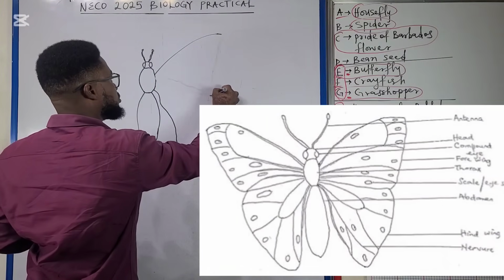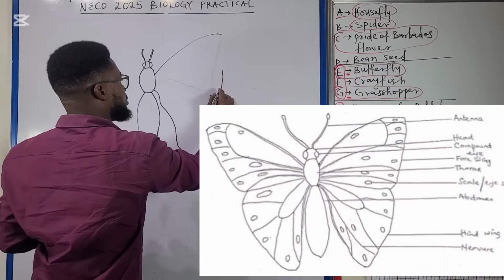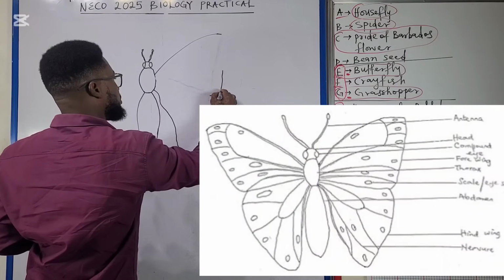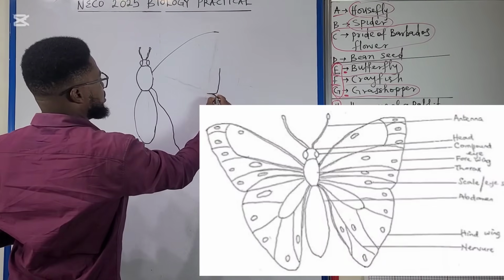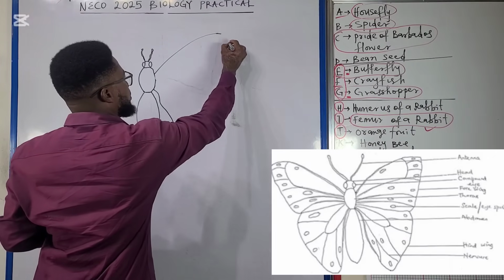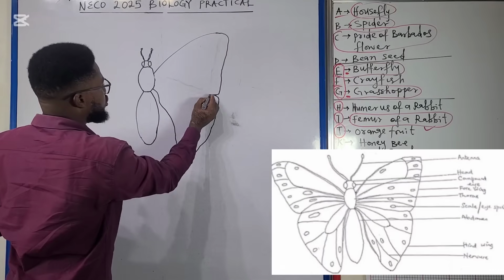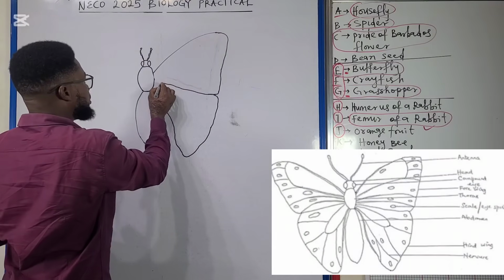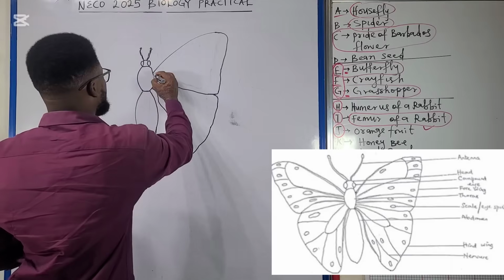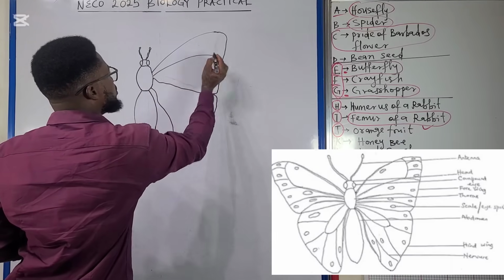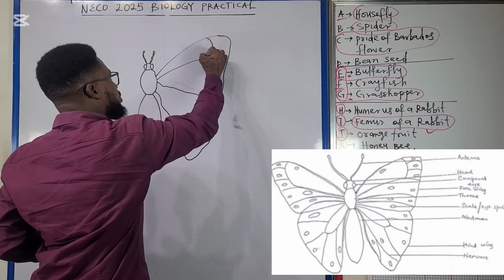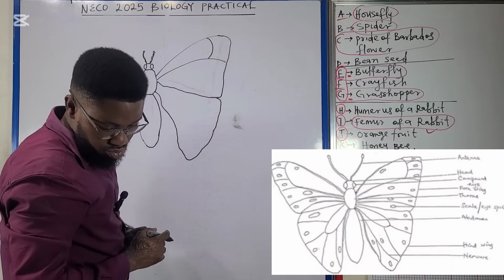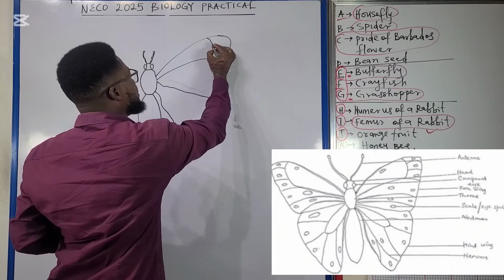We could continue. You can see the plan is already there. We could go back this way. We could draw one more, and then just to make it look scaly as it should be.